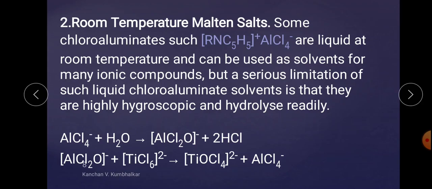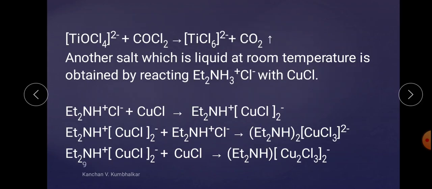For example, AlCl4- combines with water because it is hygroscopic, and there is a formation of AlCl2O- with the liberation of 2 molecules of HCl. It further reacts with the salt of metal, and there is a formation of oxides of metal. However, the oxygen of the oxide product can be quantitatively removed.